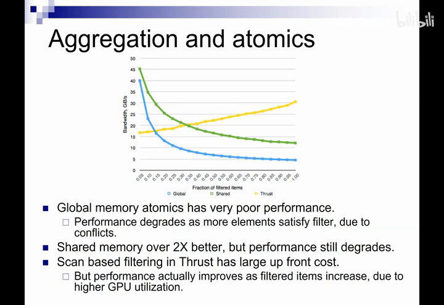So you get poor overall performance because there's not enough work for all of these different GPU threads to do. But as you increase the number of positive elements, there's more and more work to do, so you can begin to saturate the GPU and use up all of its resources. And so you actually see that the performance can increase a little bit.